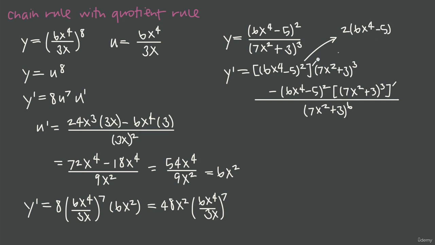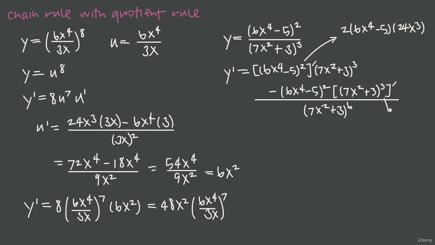This is the derivative of this outside part of the function. But now we have to apply chain rule and multiply by the derivative of the inside function. The inside function is 6x^4 - 5, and the derivative of that is 24x^3. So we multiply by 24x^3. And this is the derivative of this entire expression right here.